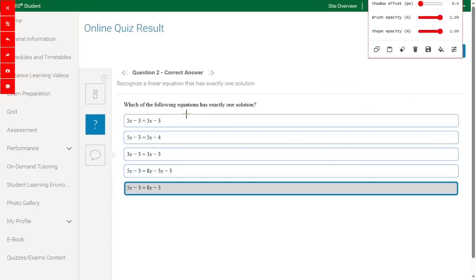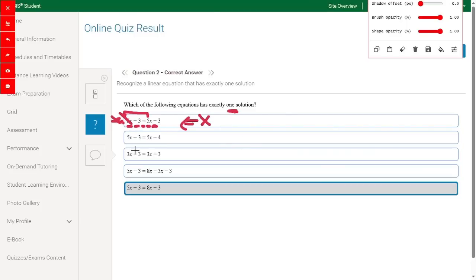Which of the following equations has exactly one solution? Let's see the first one. Here we have 5x minus 3 equals 5x minus 3. So let's simplify this equation. We'll move 5x to the other side, so it will be minus 5x plus 5x, which is 0. So that means there is no single solution for this one.